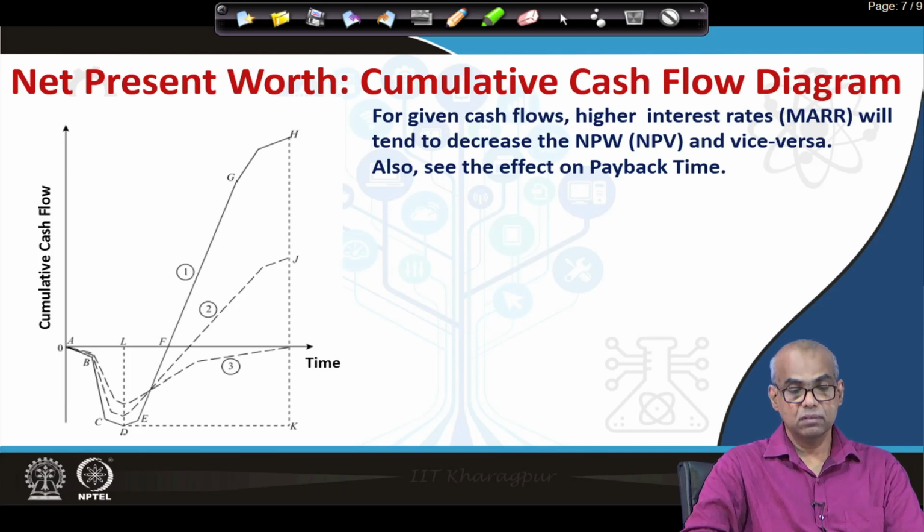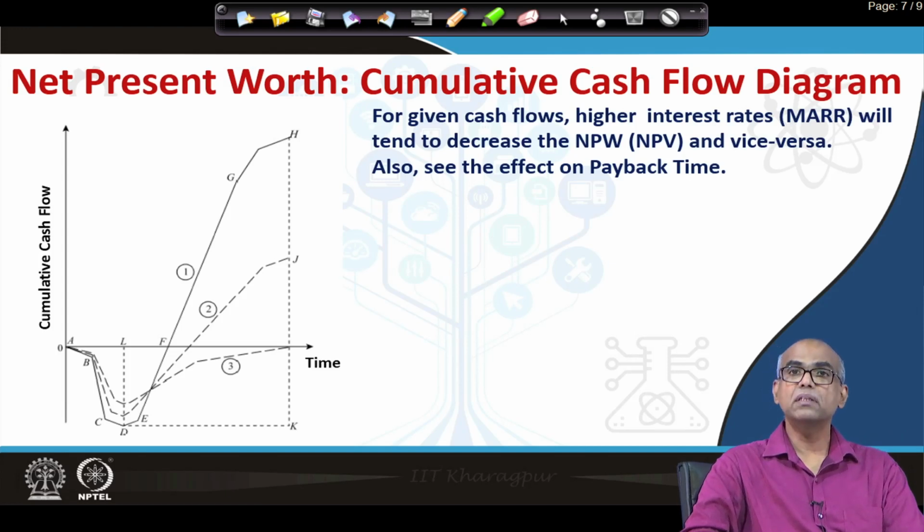Now, look at this cumulative cash flow diagram. For given cash flows, higher interest rates, that means the minimum acceptable rate of return, will tend to decrease the NPV and vice versa.